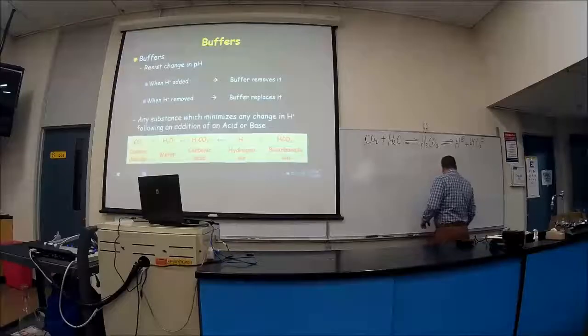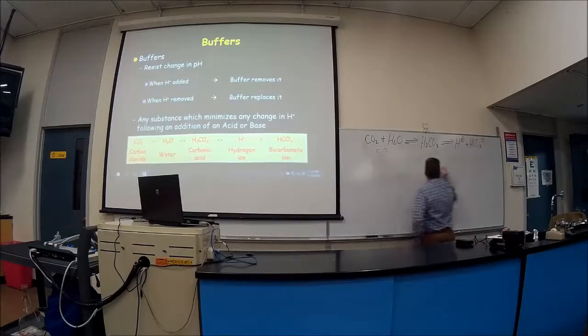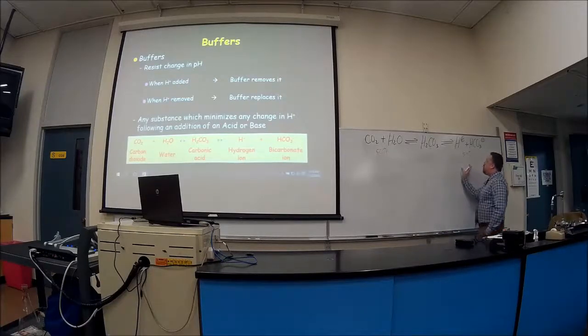This is a buffer. Remember, it's got to be 50% over here and 50% over here. If we add more hydrogens here, what's that going to do to the pH? If we add more hydrogens in the blood, pH goes down. I know it's one of those things you've got to memorize. As hydrogens go up, pH goes down, right?